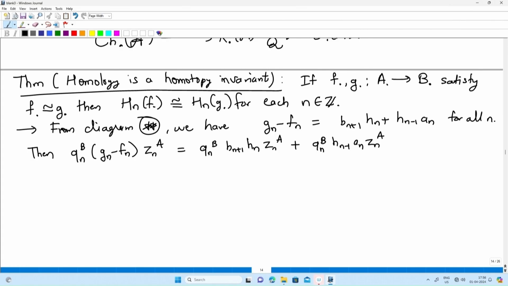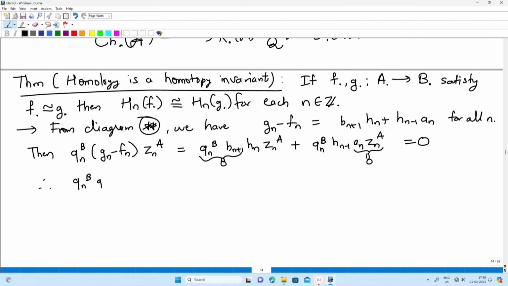Okay, can you tell me what this is? What is An Zna? 0. And what is Qn Bn plus 1? 0. Yeah, so these two are 0, so therefore this is 0. So therefore what do you get?